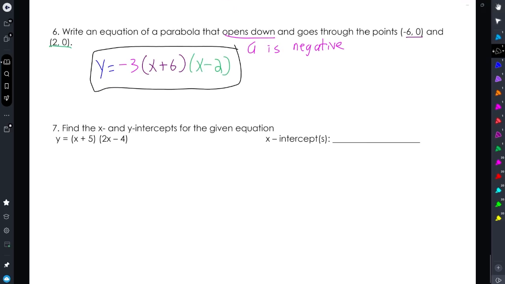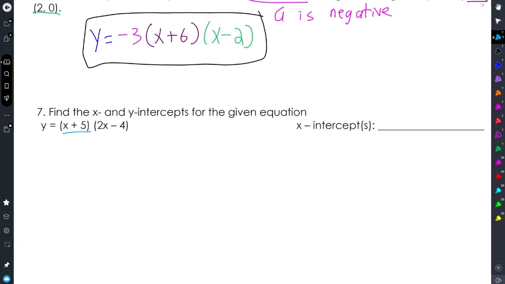Then number 7, find the x and y intercepts for the given equation. So x-intercepts, be careful. So you say, oh, okay, what makes that 0? x equals negative 5. Yep, so negative 5 comma 0. But be careful on the next parenthesis.